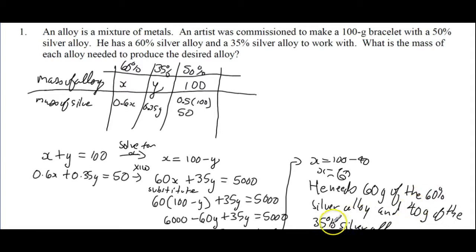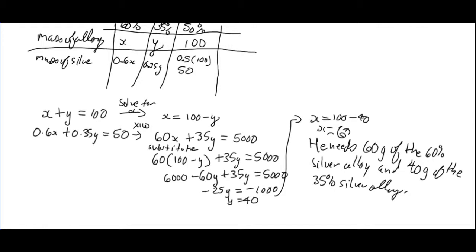And 40 grams of the 35% alloy means that I have 14 grams of silver, and 36 and 14 is 50 grams of silver, which is the grams of silver that will be in a 50% silver alloy. Okay, so all makes sense, everything checks, and we're good to go.